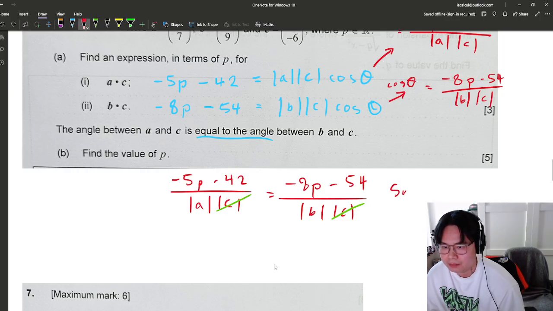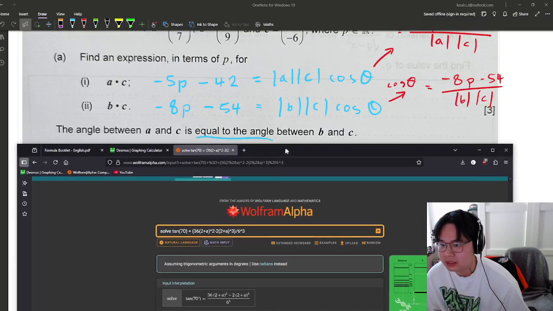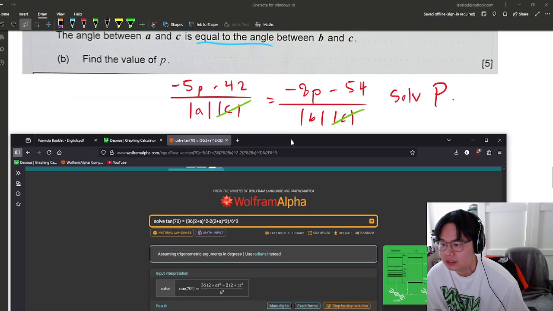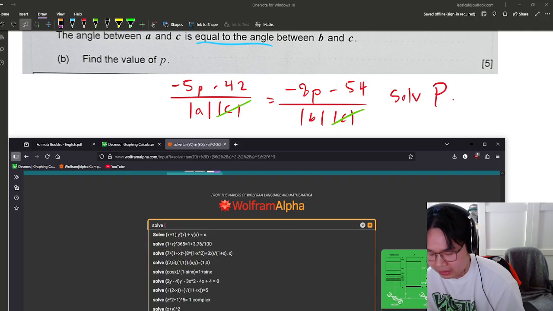Solve P. Use an equation solver. So, I'm gonna do just that. Okay, what do we got?